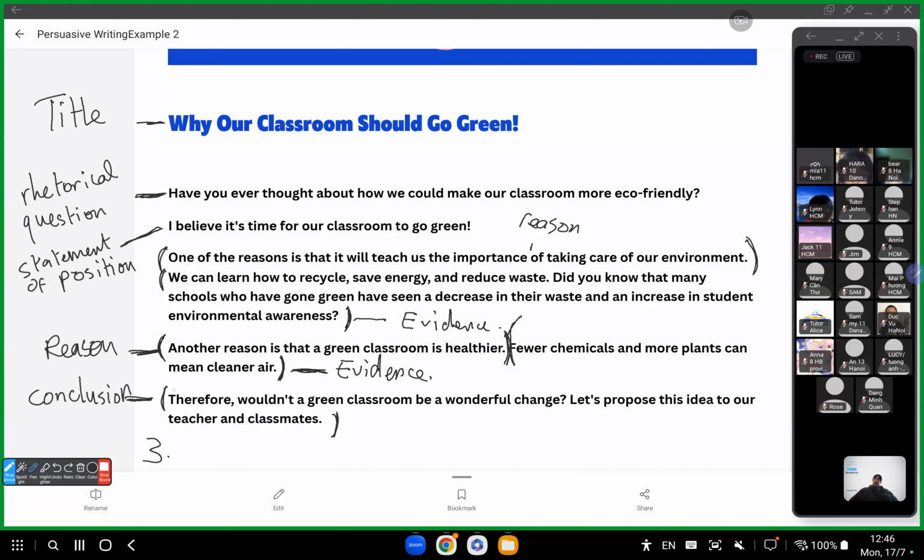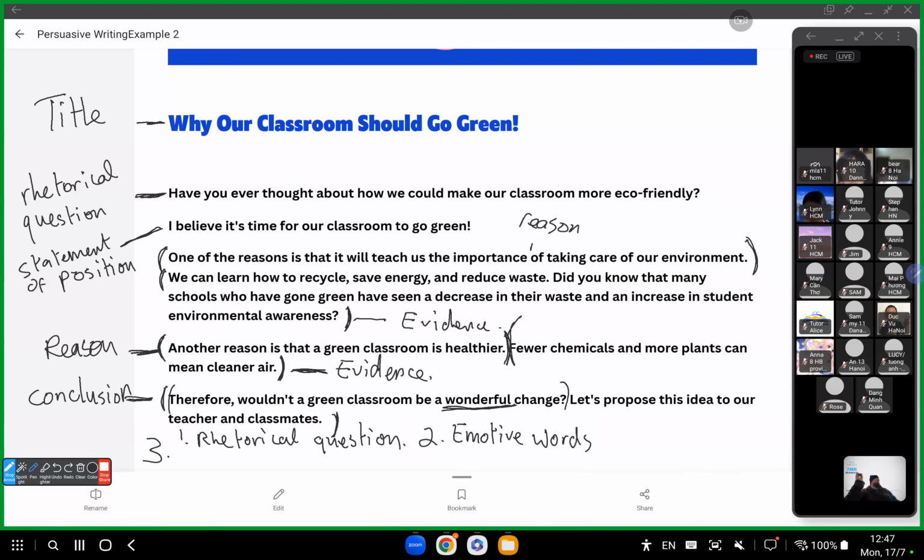So number 1, we've got a rhetorical question. Very good. Number 2, we actually have emotive words because of this word right here. The simpler way to have asked that would have just been to say, wouldn't a green classroom be a good change?